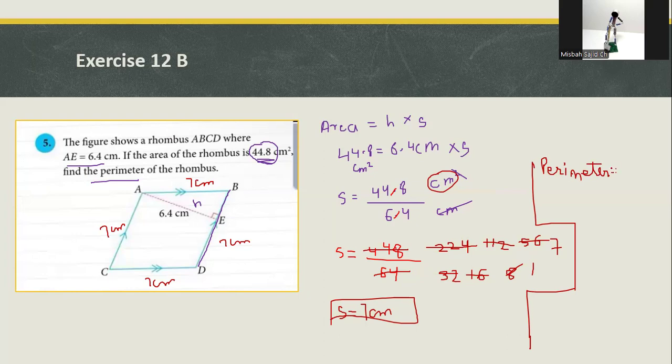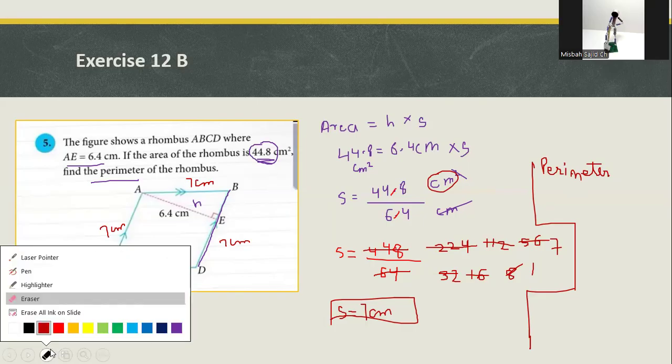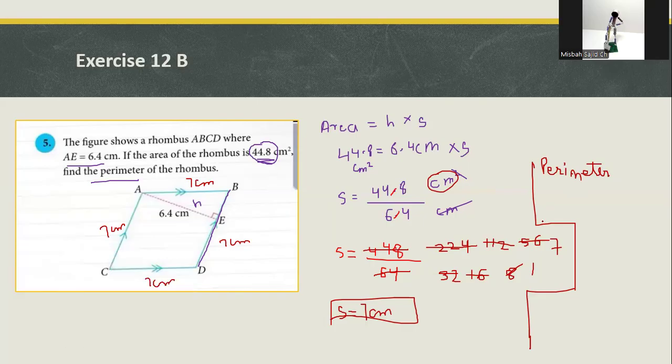So the perimeter is equal to 7 centimeter multiplied by 4, and 7 4s are 28 centimeter.